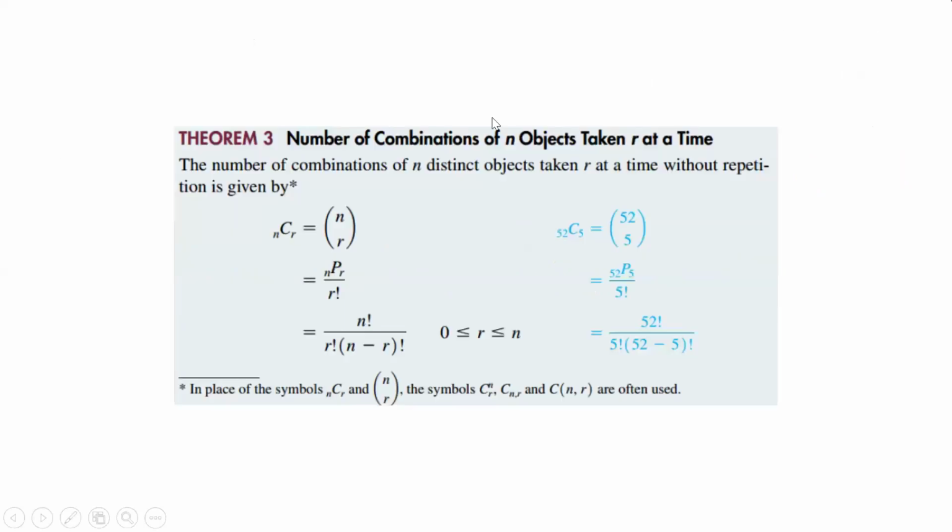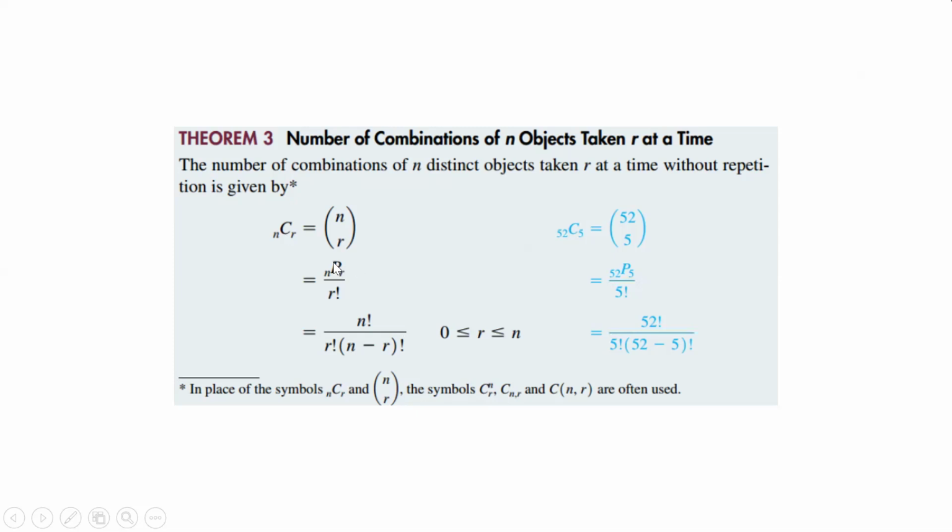All right, so the number of combinations of n objects taken r at a time can be represented in a whole bunch of different ways. And so nCr is going to be the key for this one. Remember, we did nPr for permutations. Now we're doing nCr. And so 52C5 is going to look like that if we put it into the form here. Basically, if we look at combinations, it's the number of permutations divided by r factorial. So that's going to be the key.